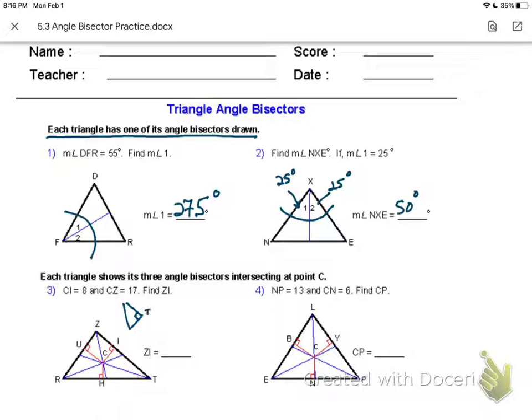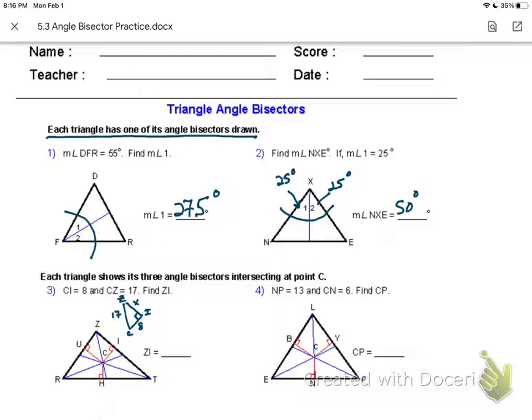If this is I, and this is Z, and this is C, and they said that CI was 8, and that CZ was 17, they want you to find ZI. So you're back into the Pythagorean Theorem. Let me draw this a little clearer. So this is 17 and this is x.